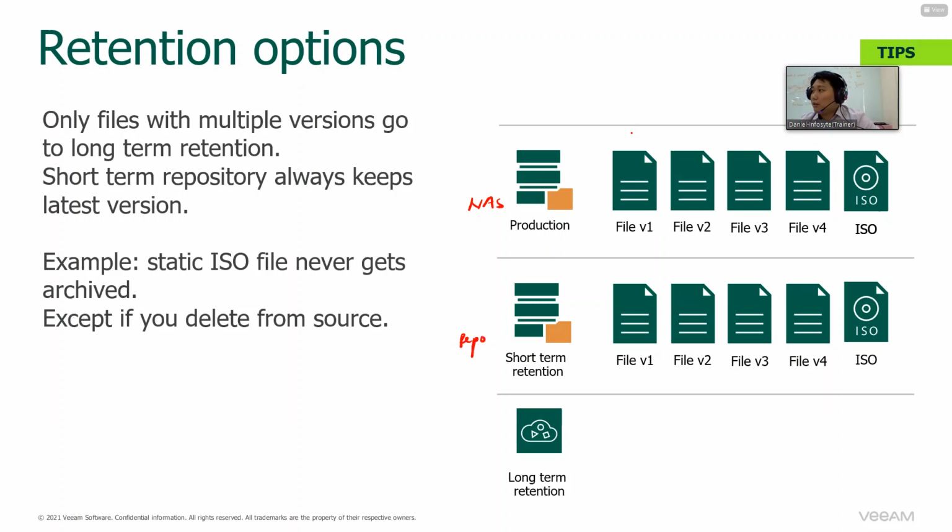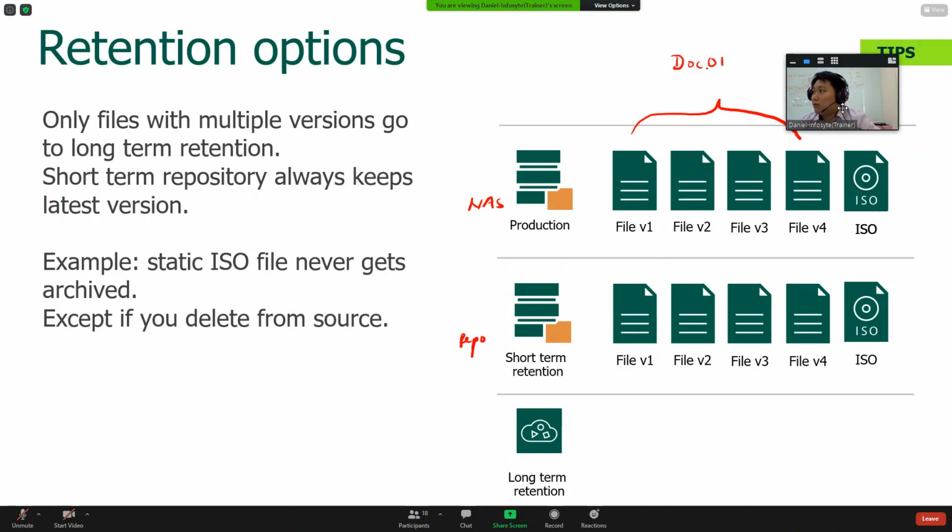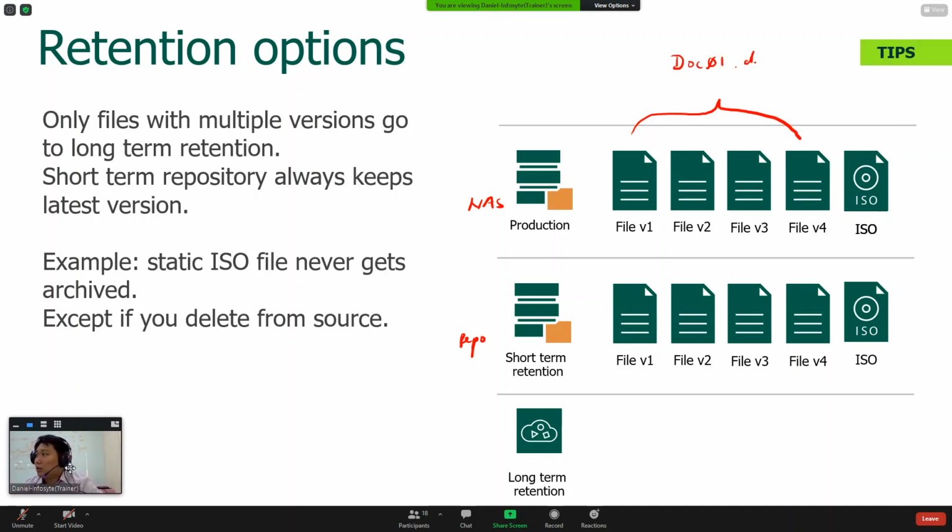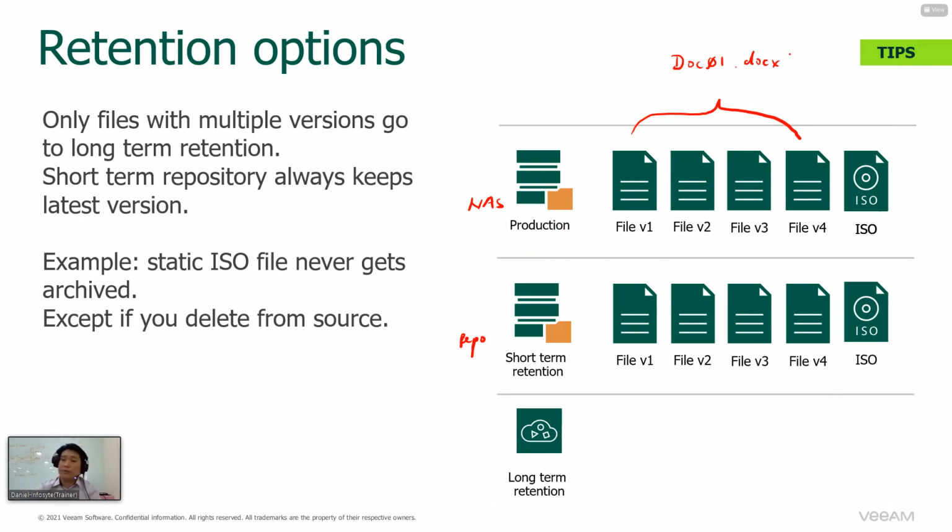Now, first thing, these 4 versions of a file in your NAS, maybe it is pointing to a .docx, for example. Okay, document01.docx is a document file. Now, it comes with multiple different versions because every day when I make a backup, it has different changes going on.